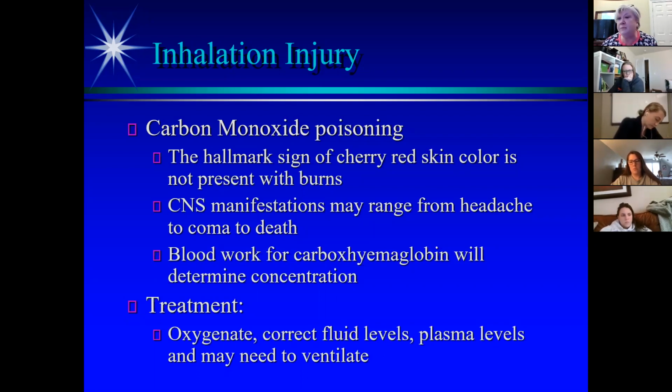If it's really bad, we may even have to take you to a hyperbaric chamber and give you oxygen under pressure. It's all depending on each individual client and what they need. But we've got to get high oxygen going and try to replace the carbon monoxide with oxygen. So that's carbon monoxide.